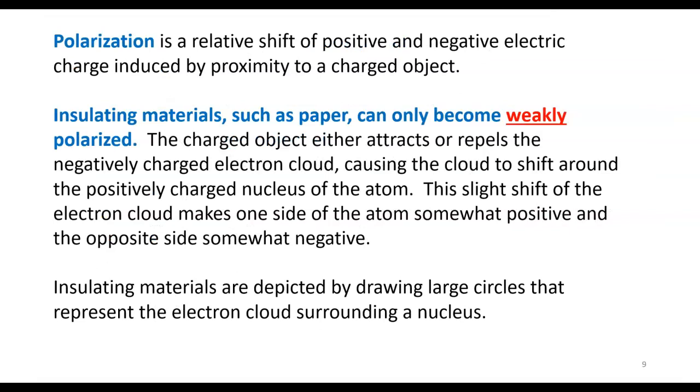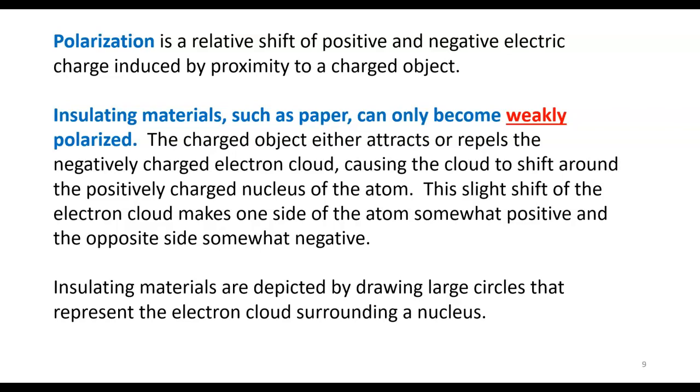Let's repeat a little bit of the information about how a charged object can attract a neutral object that's an insulator, like the piece of paper. Polarization is a relative shift of positive and negative electric charge induced by proximity to a charged object. Insulating materials like paper can only become weakly polarized because their electron clouds are very limited in how far they can move.